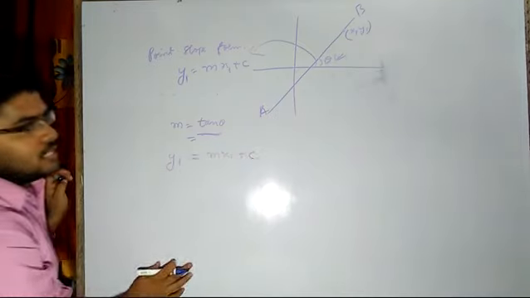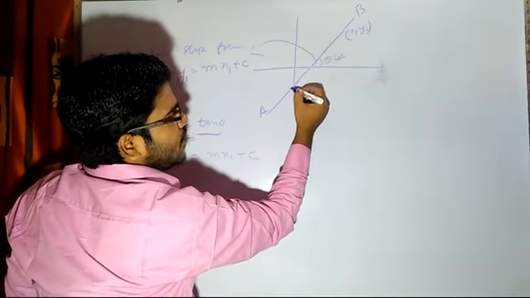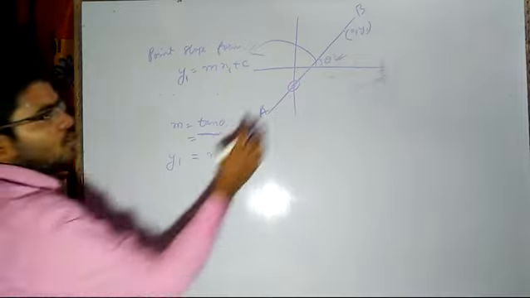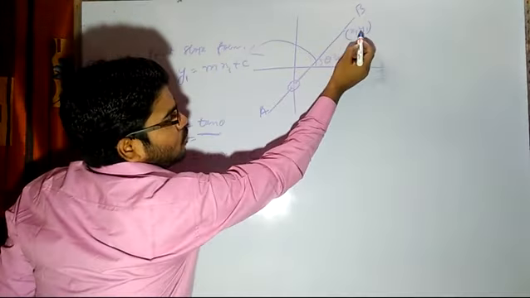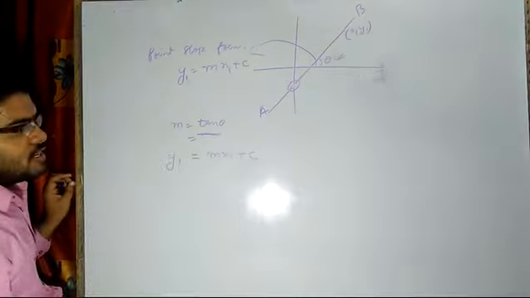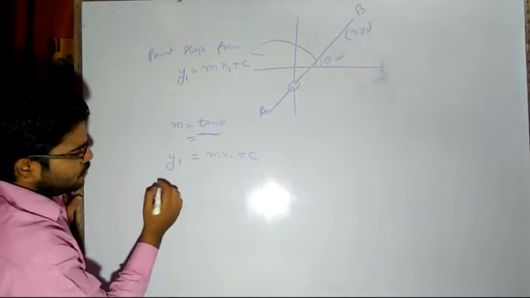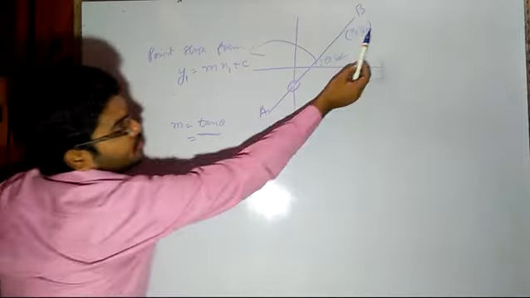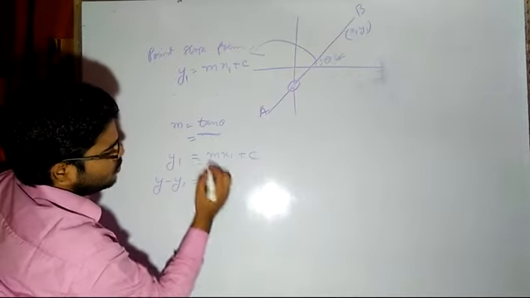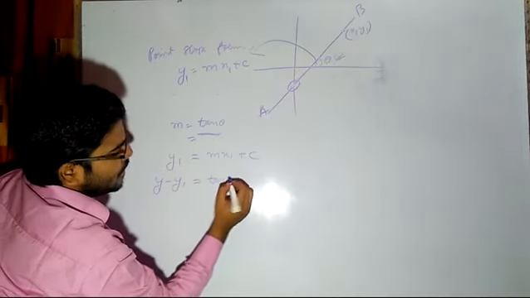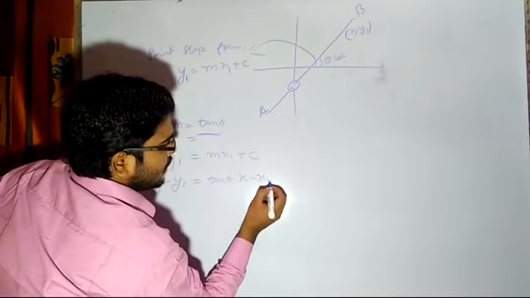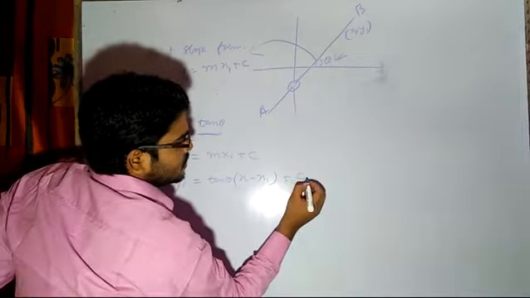C is what? Y-intercept. Okay, no need of the y-intercept, sorry. You have to put this value and this value. So you will be writing y minus y1, because this is my y1, is equal to the slope you already found out, tan theta, into x minus x1 plus c.